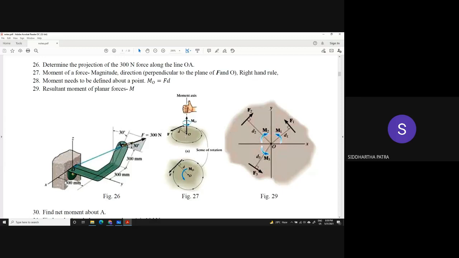And we use the right hand rule to put a sense to the moment, whether a moment is positive or negative.